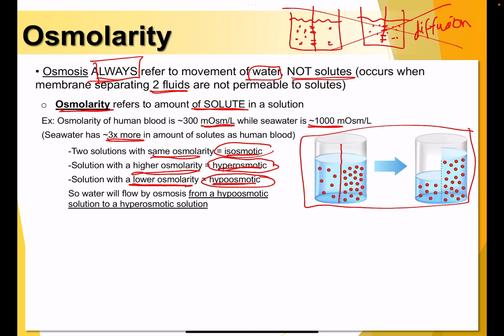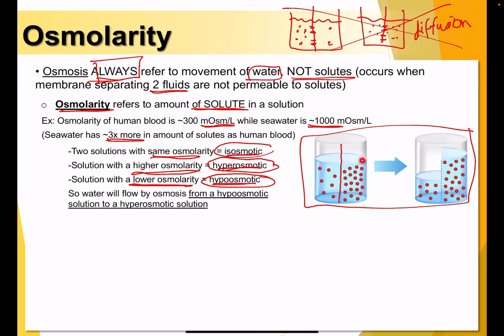So the only thing that can happen, because water is so small, is for water to move through this membrane in order to equalize the concentration, because that's just the law of nature. Things always move from a higher concentration to an area of lower concentration. The red circles can't move through, but here you have a higher concentration of the red circles, and here you have a lower concentration.